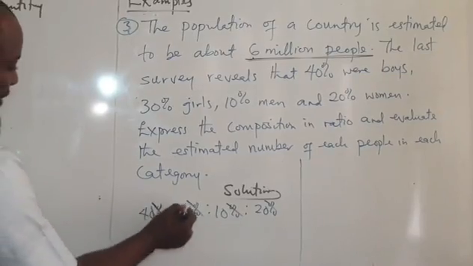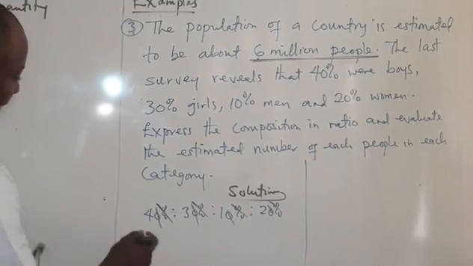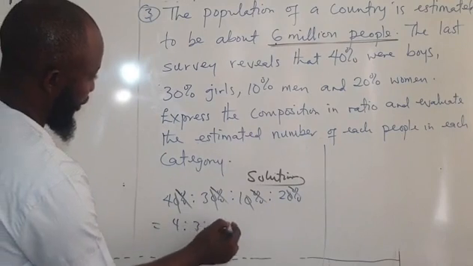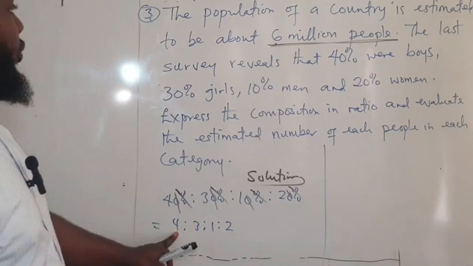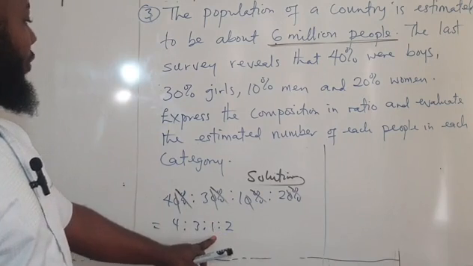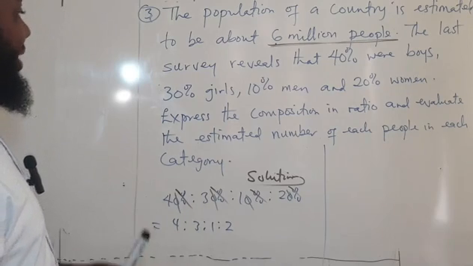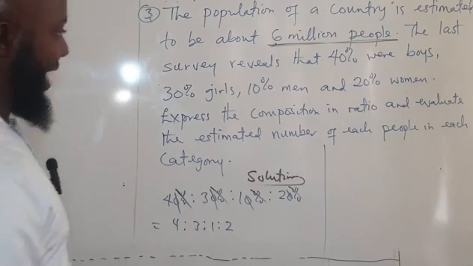Then 0 cancels 0, cancels 0, cancels 0, cancels 0. So which means as ratio we have 4 ratio 3 ratio 1 ratio what? 2. So which means 4 will be for boys, 3 will be for girls, 1 will be for men, and 2 will be for what? For women.